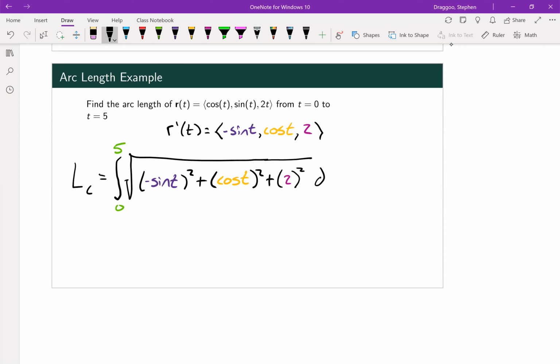Don't forget your dt. Let's do it in green, dt. And our goal is going to be to just integrate this thing.